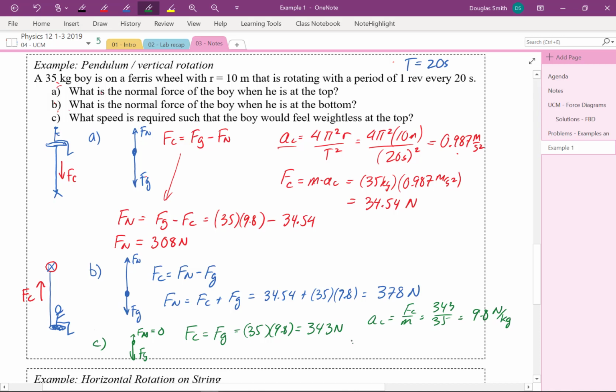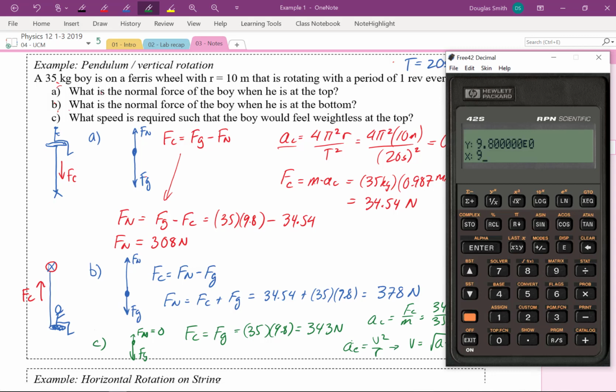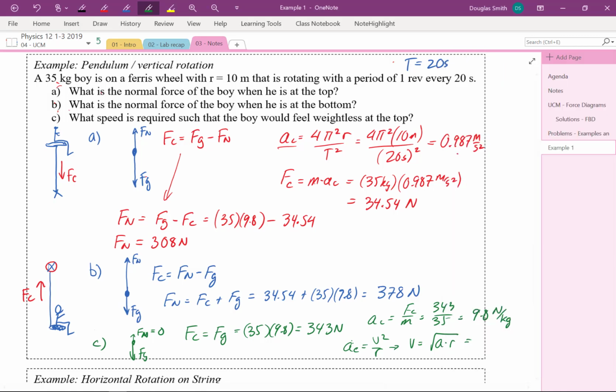So Ac is equal to v squared over r. So v is the square root of a times r. So that's 9.8 times 10, square root. You'd have to be going 9.9 meters per second.